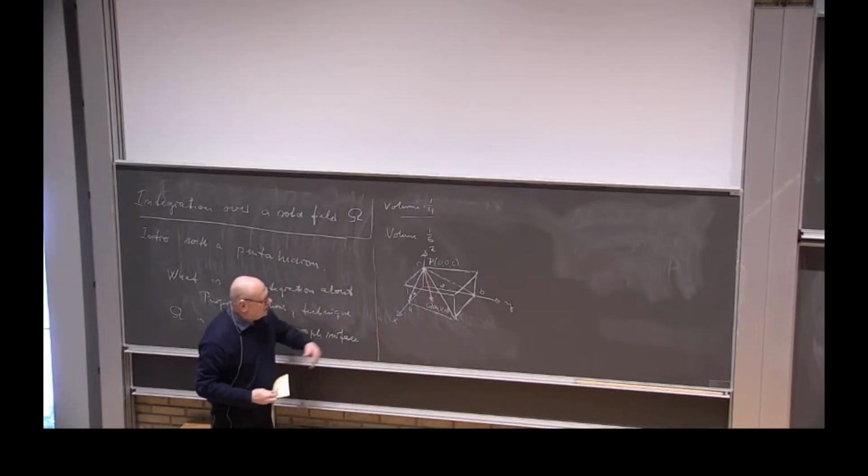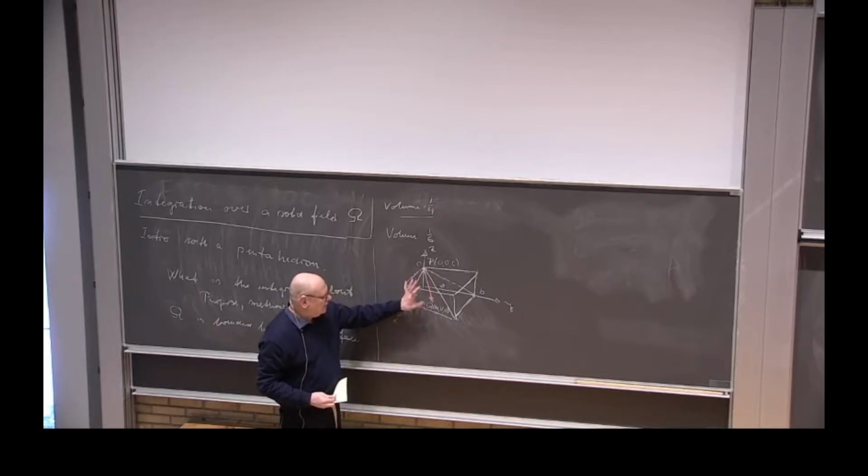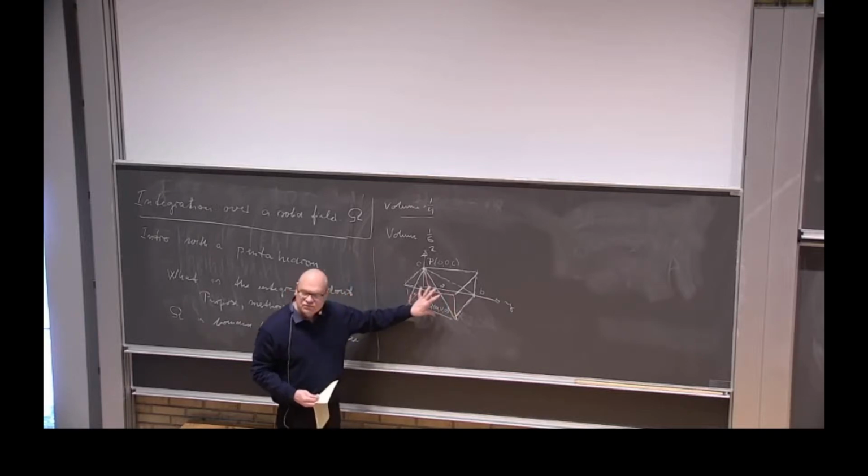So you see, if I could parameterize this vector here, then I can in fact reach every point in this pentahedron, because u I can vary between 0 and a, v I can vary between 0 and b, and in that way I can reach any point at the base.